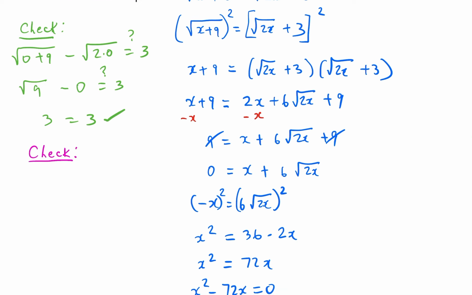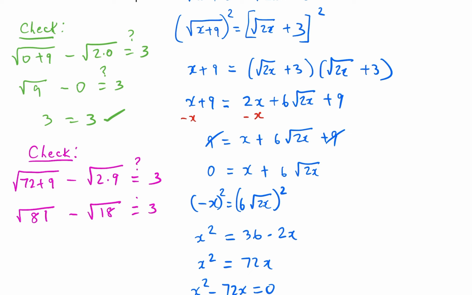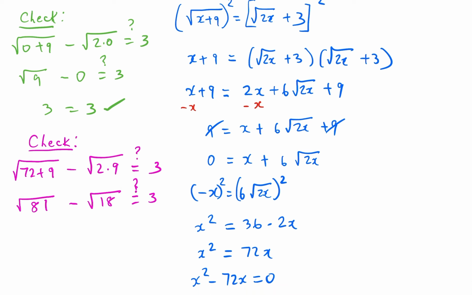Okay, now let's do our second check. Our second check is going to be for when x is equal to 72. So the question here is square root of 72 plus 9 minus the square root of 2 times 9, does that equal 3? Okay, 72 plus 9 is 81, minus the square root of 18, does that equal 3? Sorry, not 9.